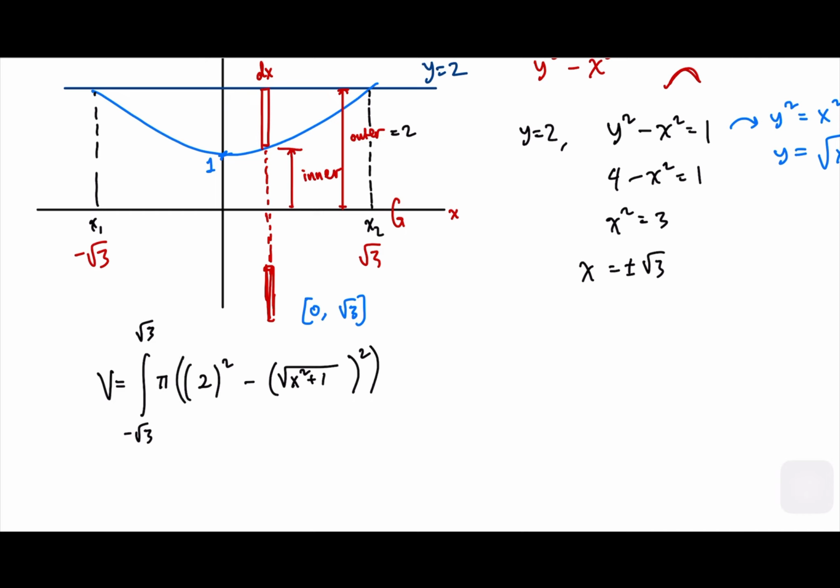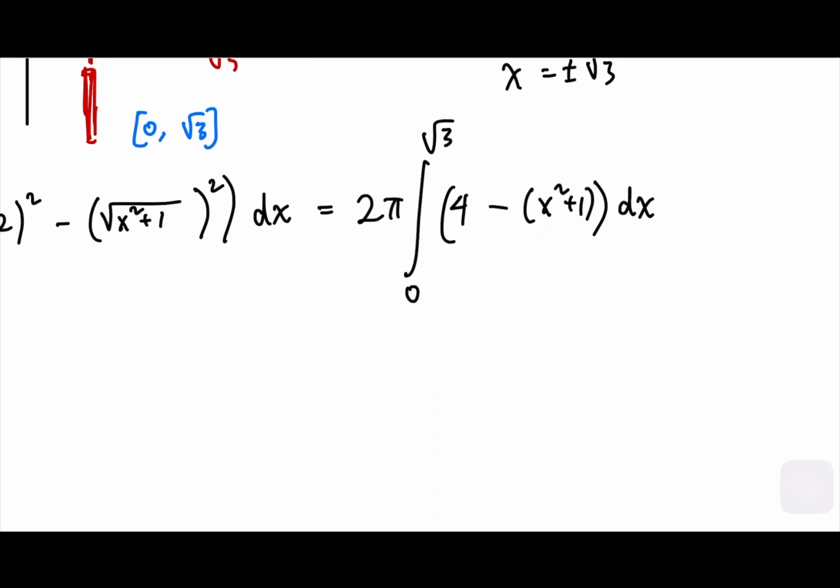And then let me write this, evaluated with respect to x. And this results in pi, and let me evaluate from 0. This will be 4 minus x squared plus 1. And we can compute this. It becomes 4 minus 1 is 3 minus x squared. So we can have 2 pi times 3x minus 1 over 3 x cubed from 0 to square root of 3.